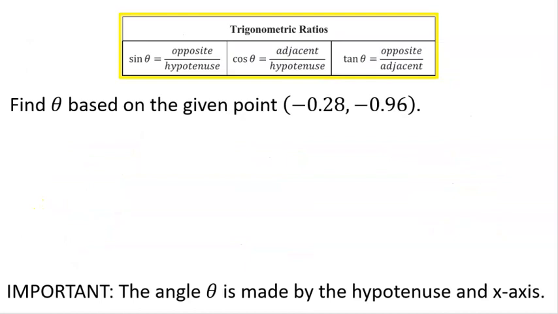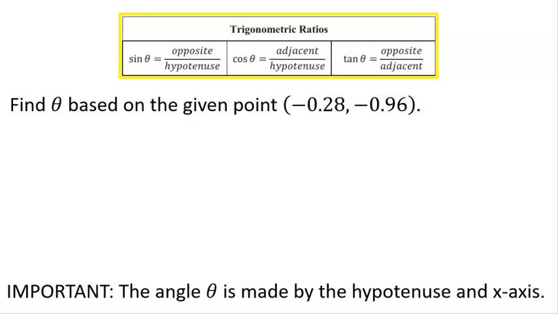All right, so this kind of question leads into the unit circle, which you'll see more of when you get into classes, especially like pre-cal. But with this one, it's just kind of giving you an introduction, and we're still using our regular trig ratios. So for this one, it says find theta based on the given point.